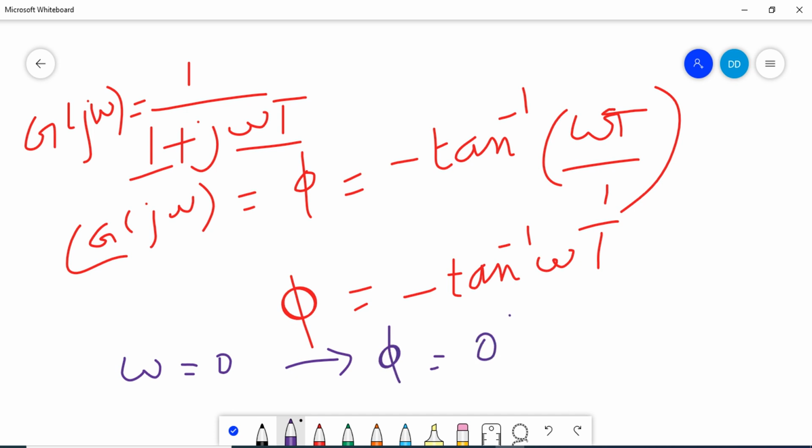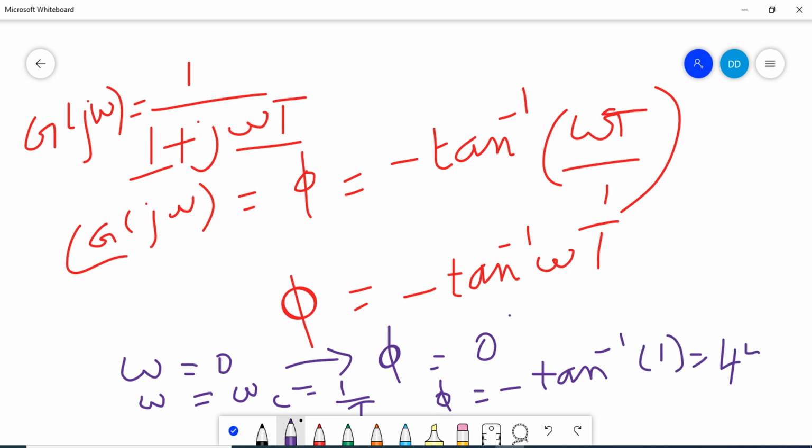If we consider omega as our corner frequency or break frequency, which is 1 by t, phi is equal to minus tan inverse of 1, which gives us minus 45 degree.